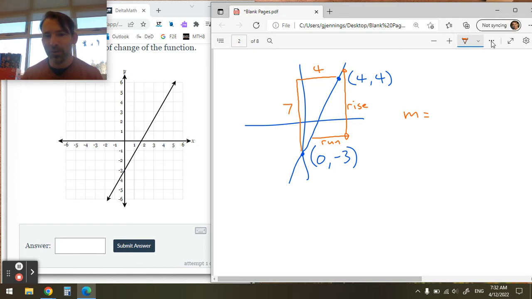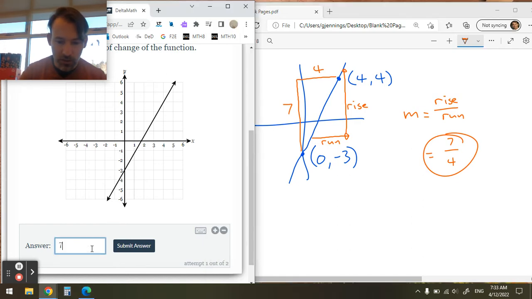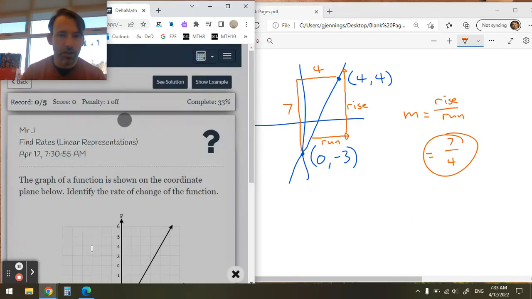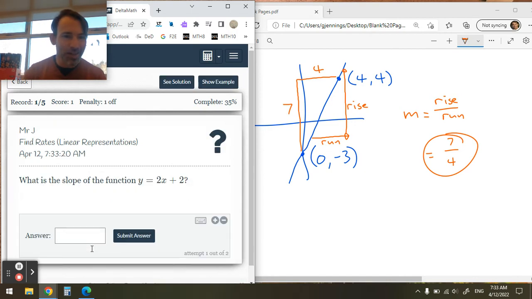The slope is equal to rise divided by run. And so that's the rate of change. Okay? Rates of change could be like kilometers per hour or dollars per hour, something like this. Okay, and so here the rise was 7, and the run was 4. So this is the rate of change, 7 over 4. 7 over 4, enter, enter. Hooray!